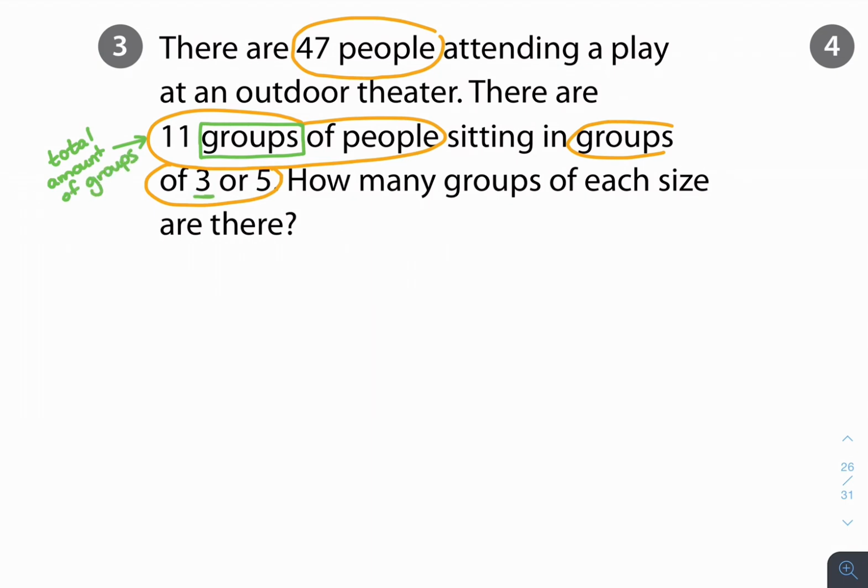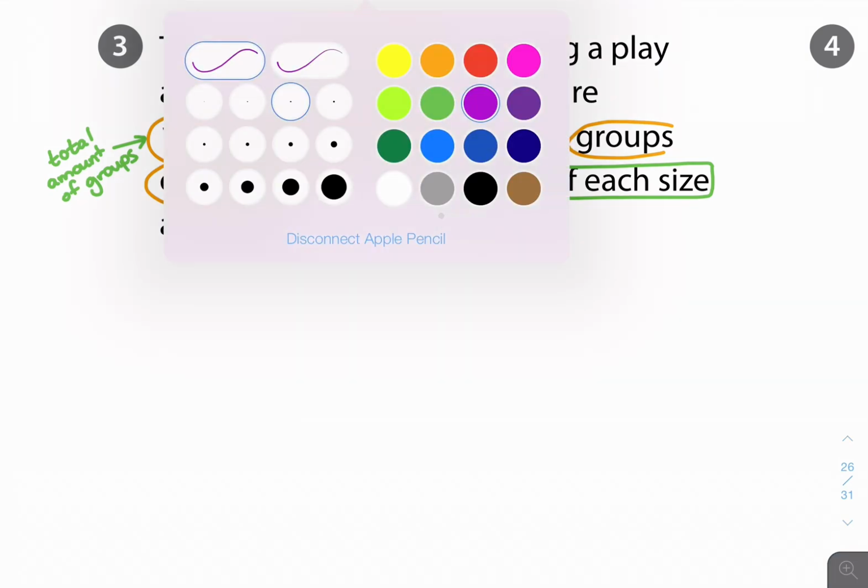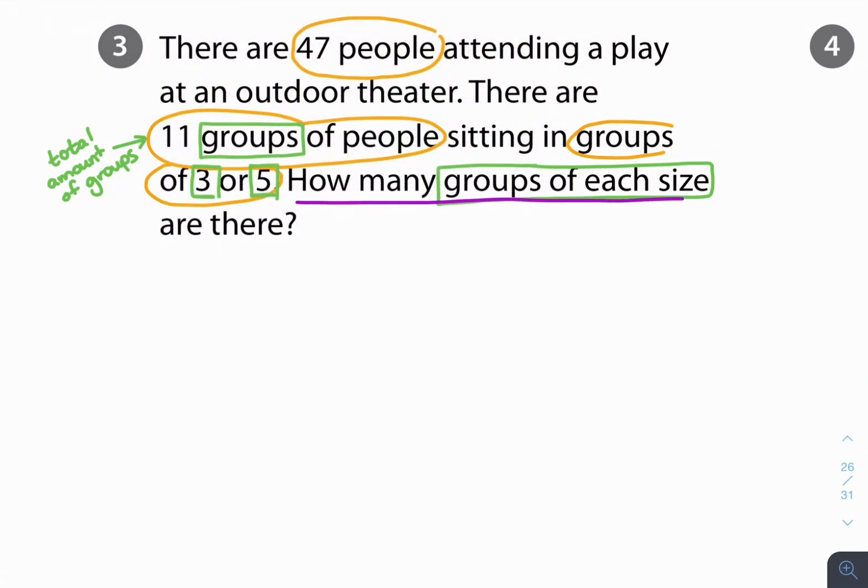And I know that my groups are of 3 or 5, and I'm trying to find out how many groups of each size, right? So I have 2 size groups. I have groups of 3 and I have groups of 5. So let me underline my question. So the way the question is posed helps me figure out the 2 things I'm looking for. I'm looking for how many groups of 3 and I'm looking for how many groups of 5.